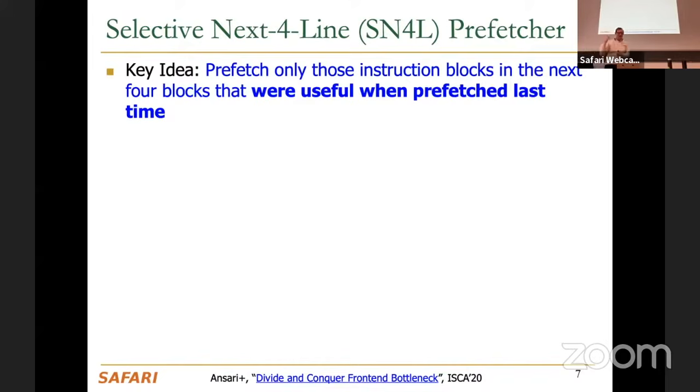These are more recent papers. Again, I will not go through the details, but a lot of the ideas that we've discussed apply. You don't want to prefetch every N blocks when you're prefetching the next N blocks sequentially. Maybe you want to figure out which ones are actually going to be useful. One way of figuring that out is whether the instructions that you prefetched last time were used.